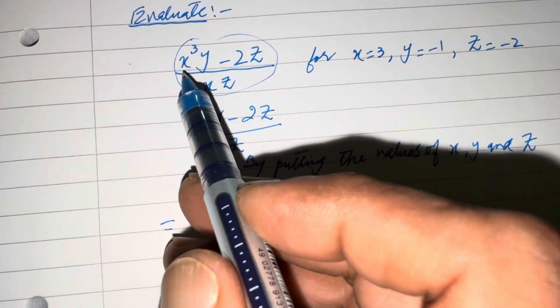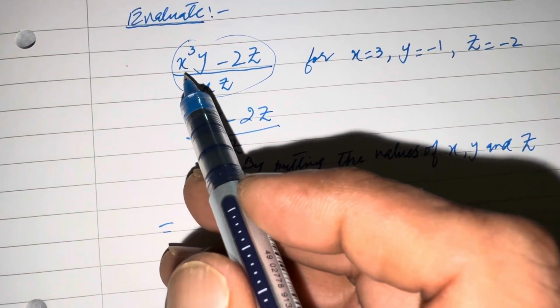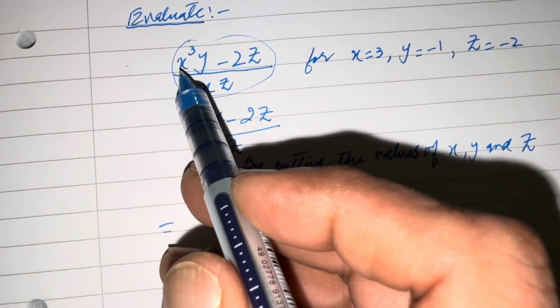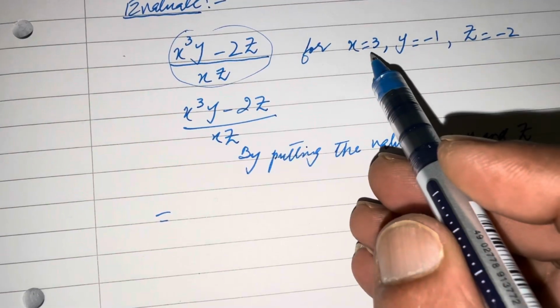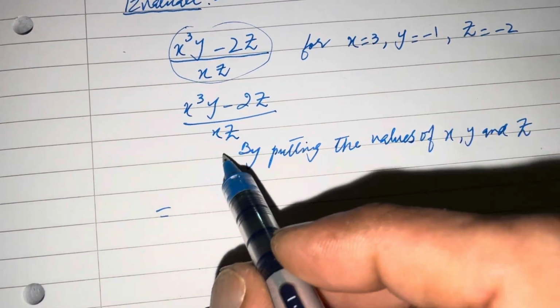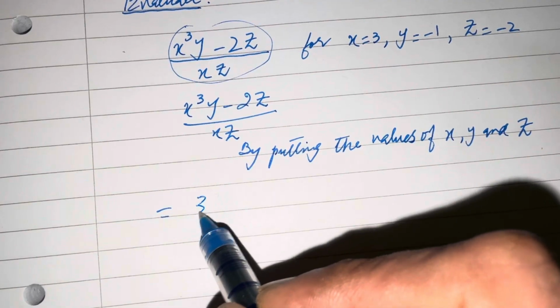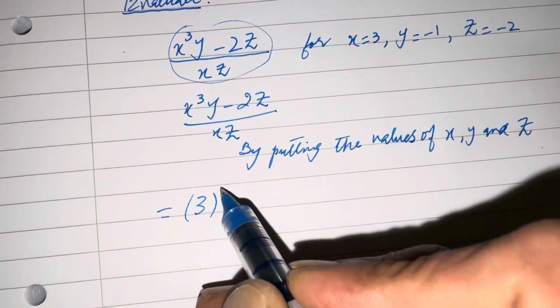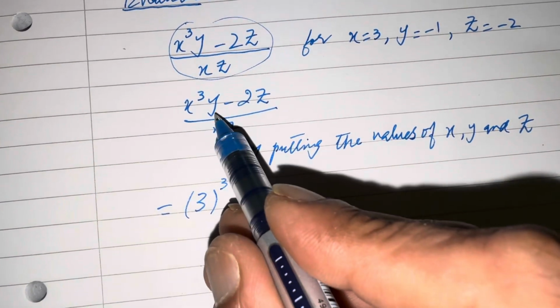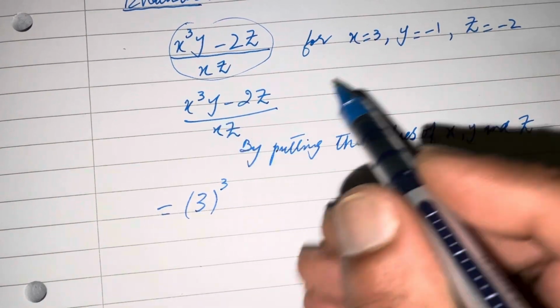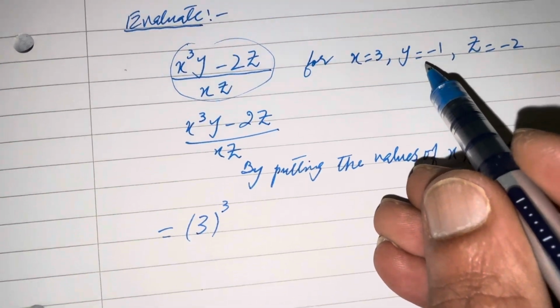let's see, that x cube is given. So x की जगह पे हम वैल्यू जो है वो 3 पुट करेंगे. So it means that 3 raised to power 3. Y is given as -1.